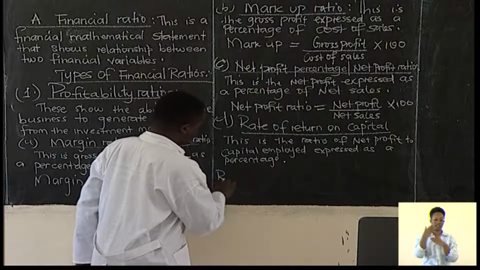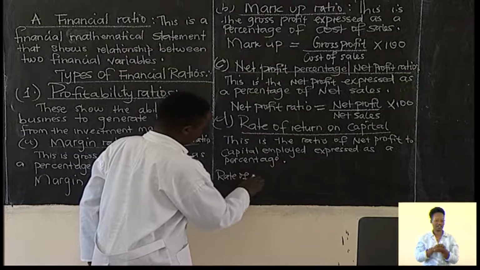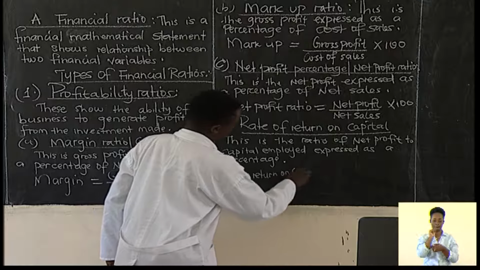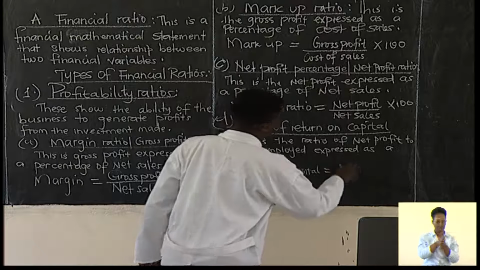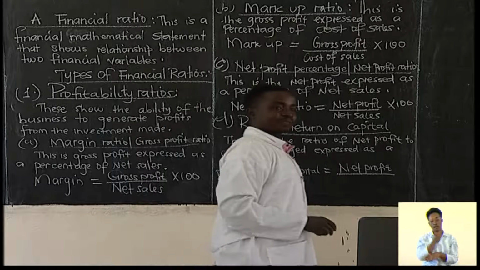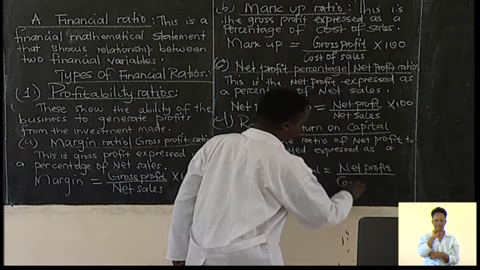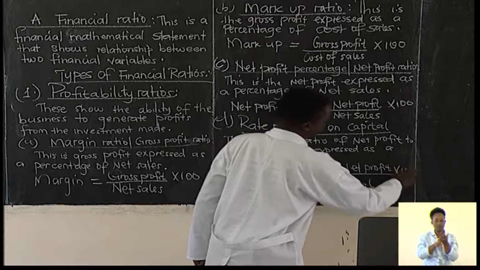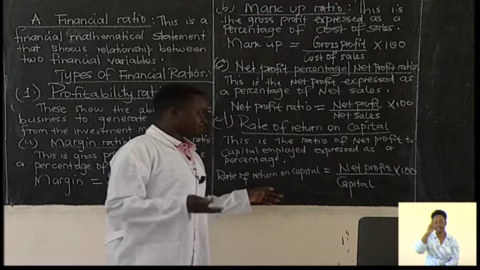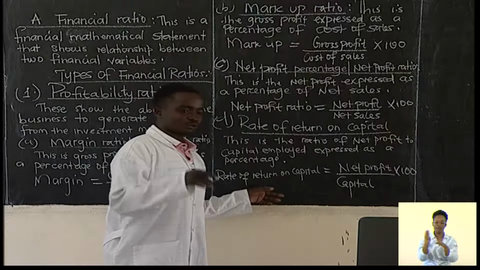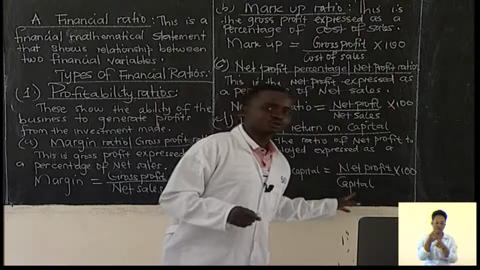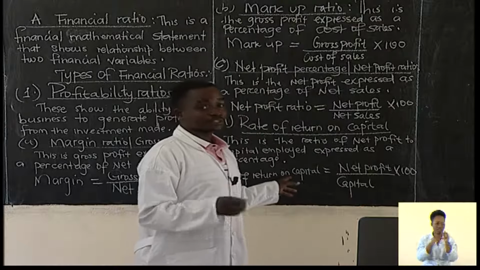Therefore, how do we calculate this? Rate of return on capital invested will be net profit divided by capital employed or capital invested. Then you multiply by 100. A higher ratio indicates that the business is doing well. The manager, or you, the owner of the business, the sole proprietor, you are using your capital efficiently. There is no mismanagement. Hope that's okay.